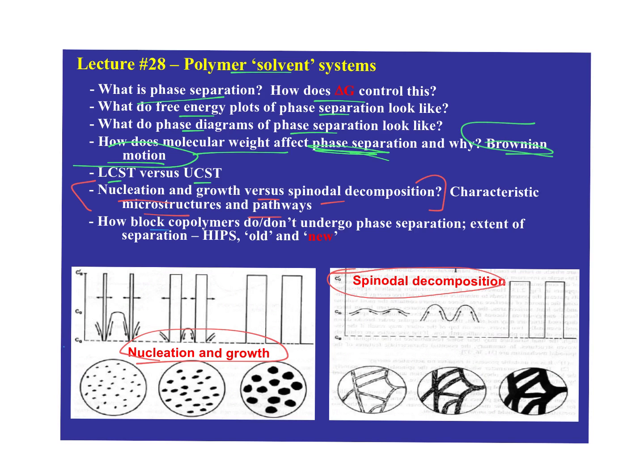All right. So how block copolymers do or don't undergo phase separation, and the extent of this separation, and HIPS. We keep coming back to that. We've had the old definition that we talked about early on, and now we have the new one involving these advanced block copolymer structures where we cannot let the polybutadiene separate from the polystyrene.